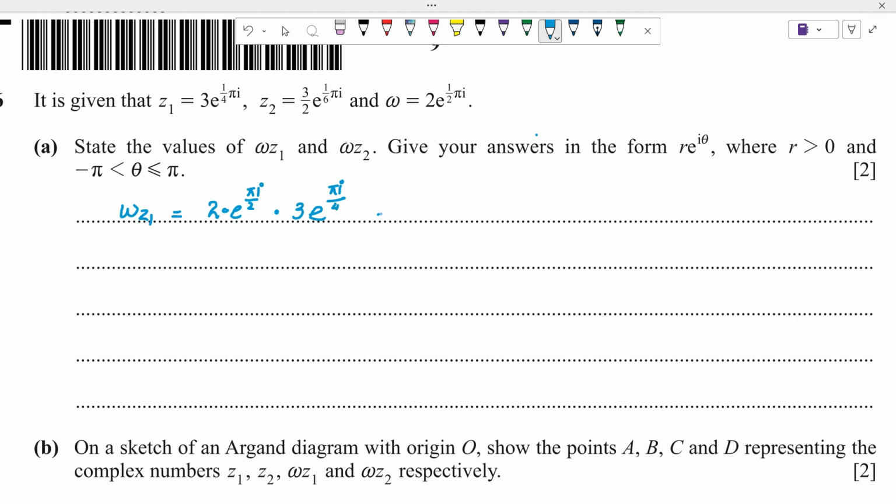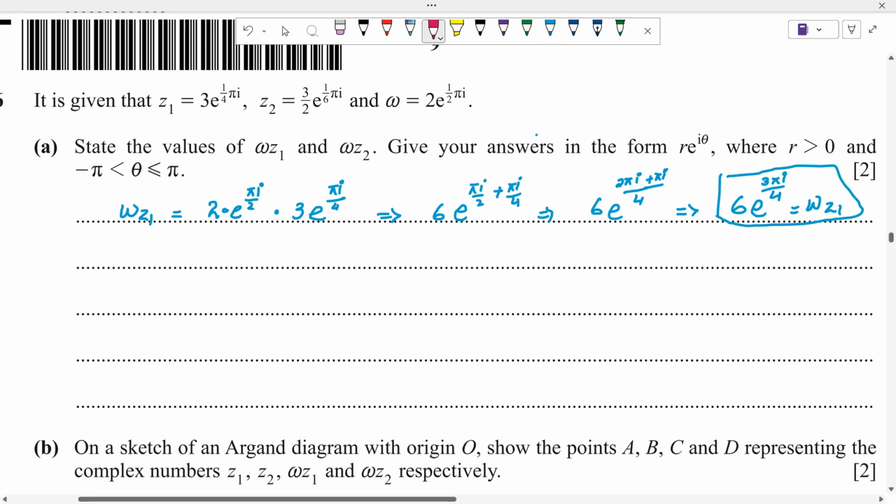These two terms are multiplied, so 2 times 3 is 6, and we have the base same, so the powers will be added. Further solving, taking 4 as LCM, this will be equal to 2 pi iota plus pi iota. Further solving, we will have 6 times exponential of 3 pi iota over 4. This is omega z1.